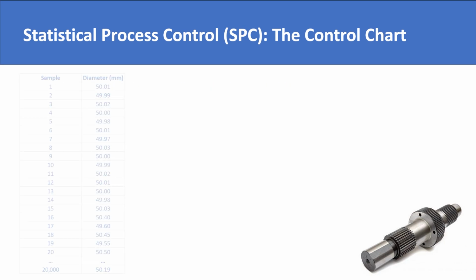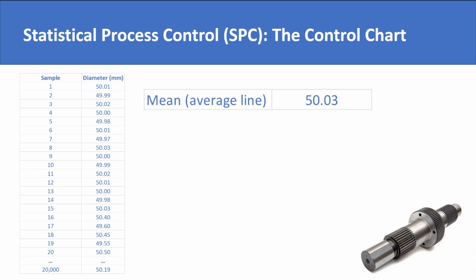Let's say we collected diameters of 20,000 shafts produced by the shop under normal condition. The first thing we do is to calculate the mean or the average. Once we have the mean, we calculate the standard deviation, which tells us how much the data typically varies around the mean.